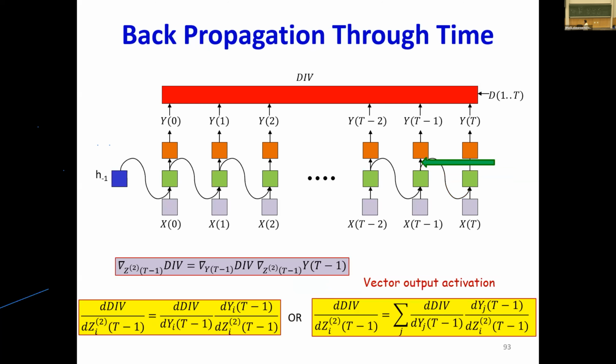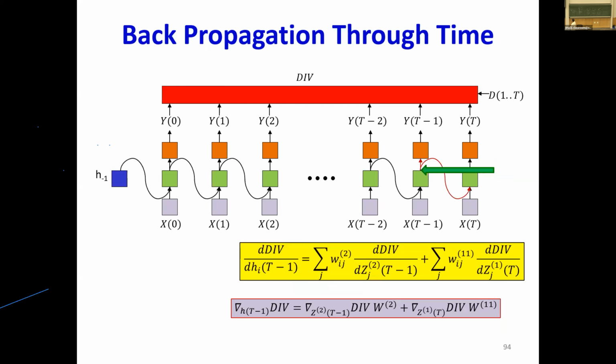And then here's what happens. When I come down to the derivative with respect to h2 of t minus 1, h actually goes out two ways, right? One goes up vertically, one goes sideways. Correct? And so now the derivative is flowing in from two different sources.